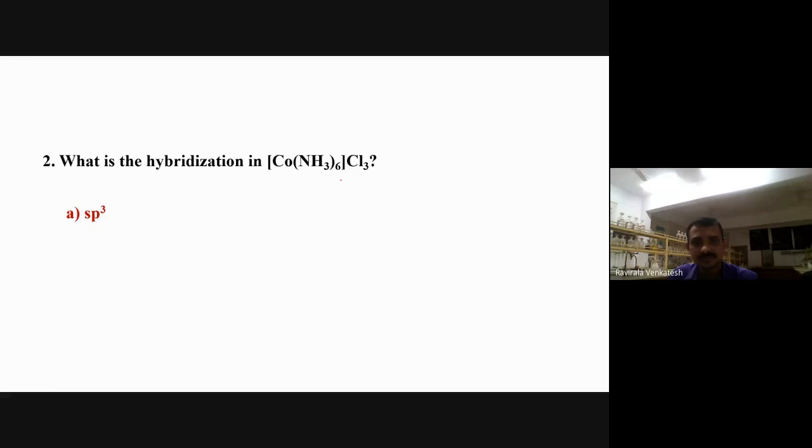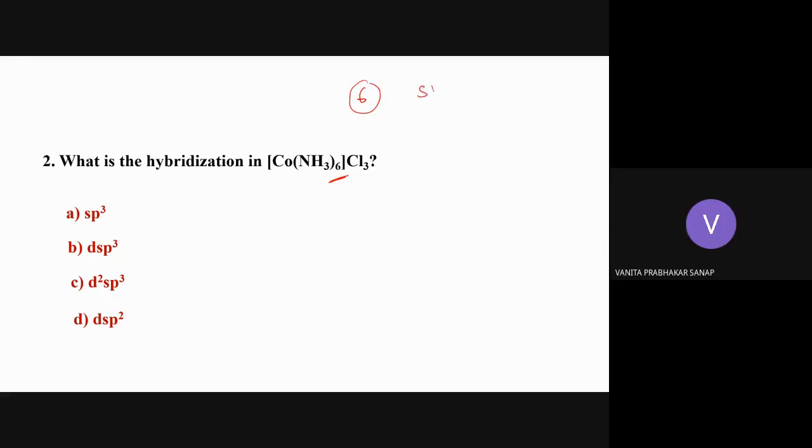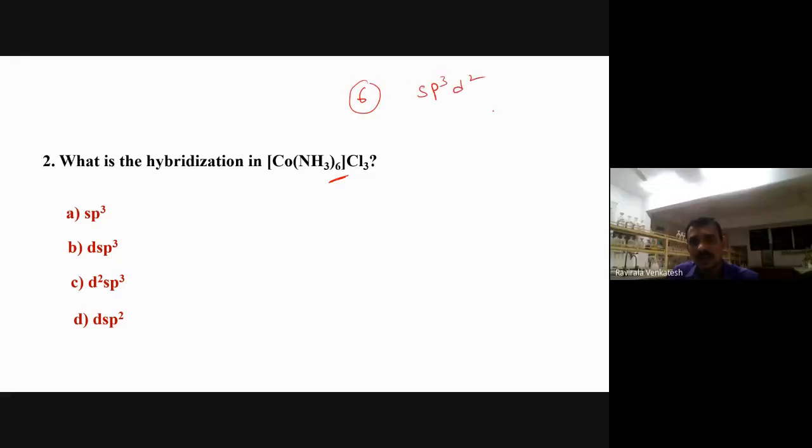Now this one. One thing: when you have six ligands, coordination number is six, the hybridization may be sp3d2 or d2sp3. But which one is correct?